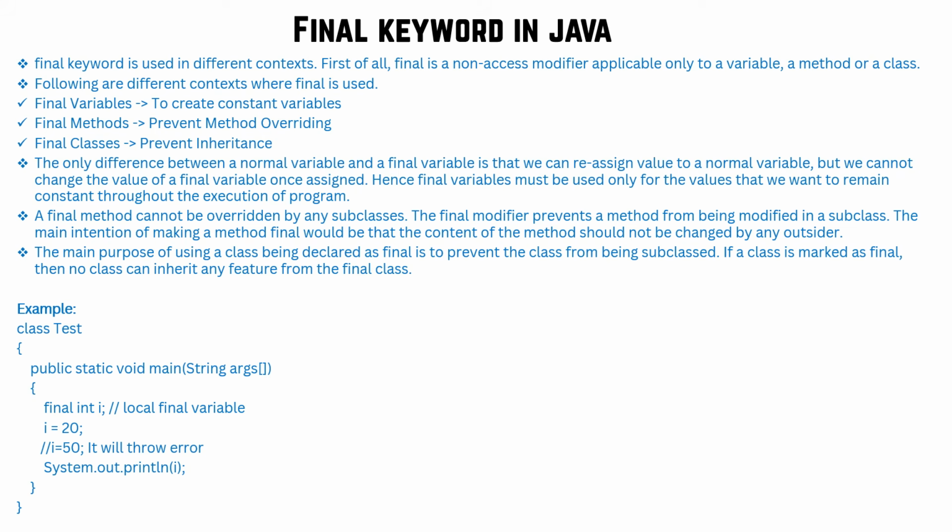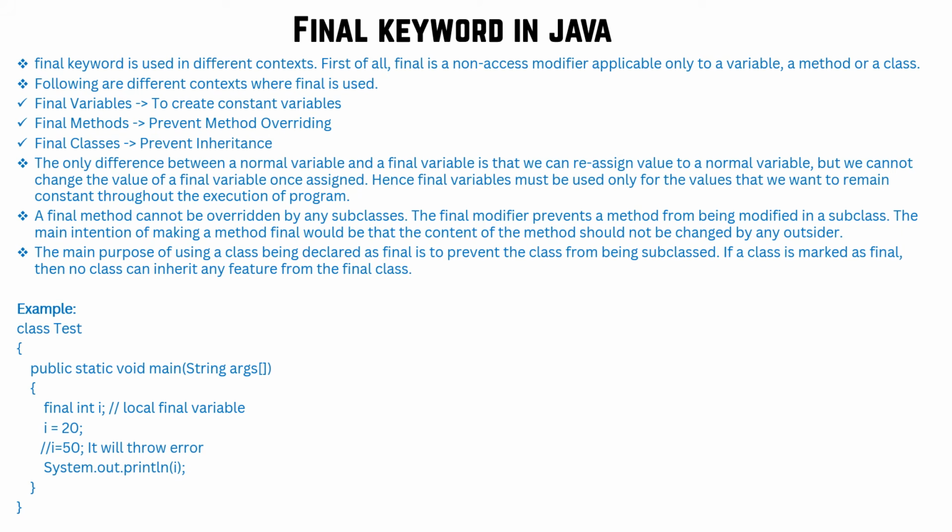So the final keyword is used in different contexts. First of all, final is a non-access modifier applicable only to a variable, method, or class. Why do we need to use the final keyword? In case we do not want to change any variable value, we can make it final. In case we do not want to create any relationship from parent class to child class, we can make the parent class final to prevent inheritance.